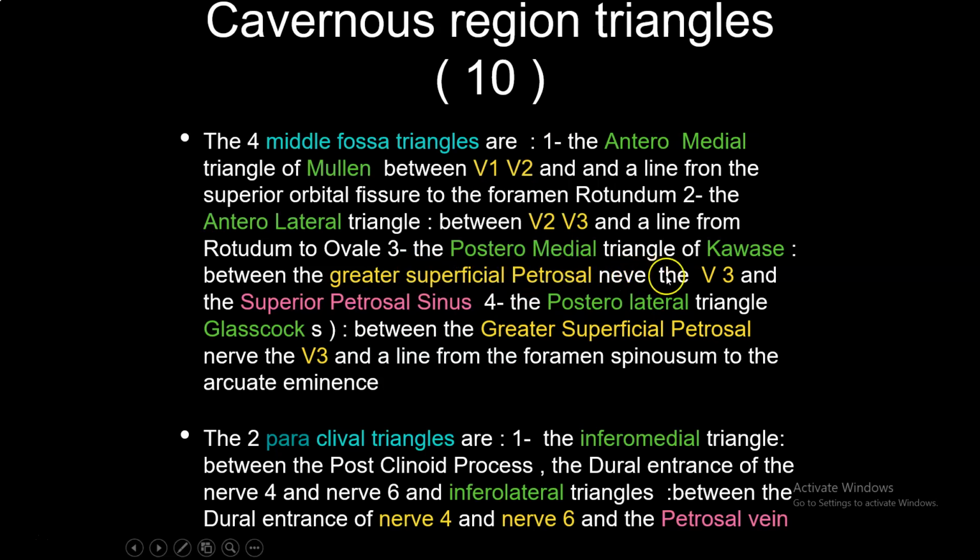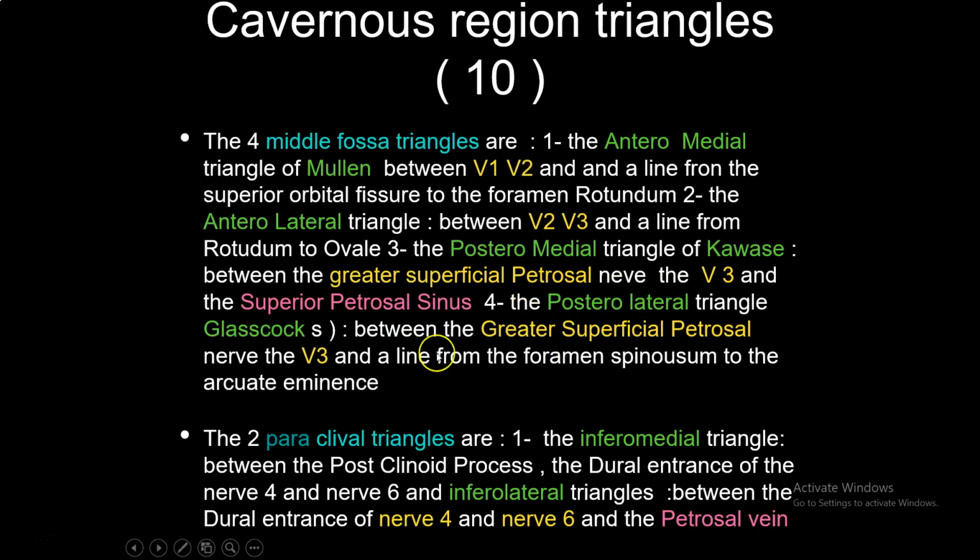It is present on the petrous bone between the greater superficial petrosal nerve, the V3 and the superior petrosal sinus, and the posterolateral triangle of Glasscock, where you can expose the carotid in the floor of the middle fossa, is also lateral to the greater superficial petrosal nerve, between it, V3, and a line from the foramen spinosum to the arcuate eminence. So we have 4 triangles of the middle fossa: anteromedial, anterolateral triangle, anteromedial between V1, V2, anterolateral between V2, V3, Kawase and Glasscock's triangle, medial and lateral to the greater superficial petrosal nerve.